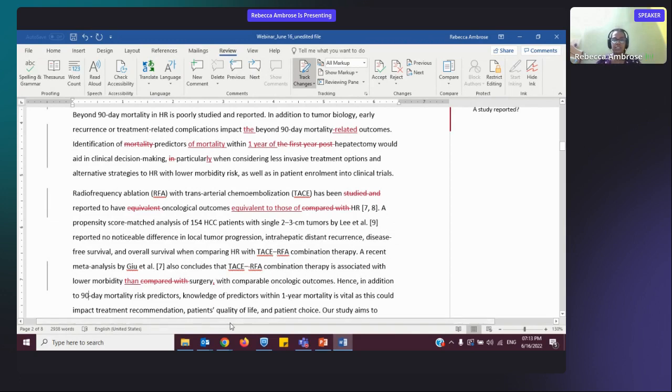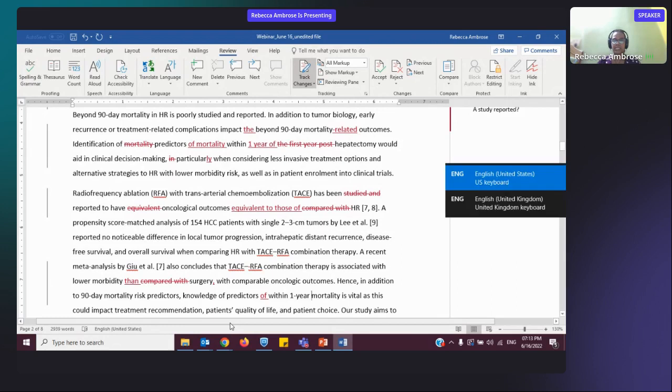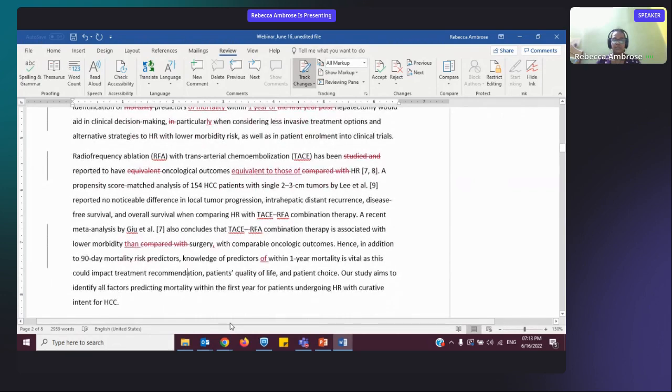Hence, in addition to 90-day mortality risk predictors, there's knowledge of predictors of within 1 year mortality. So predictors of within 1 year mortality is vital, as this could impact treatment recommendations, patient quality of life, and patient choice.